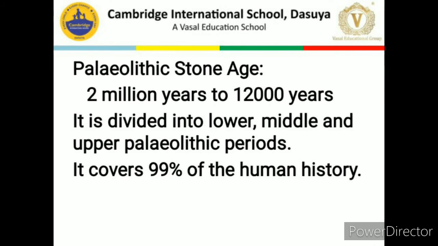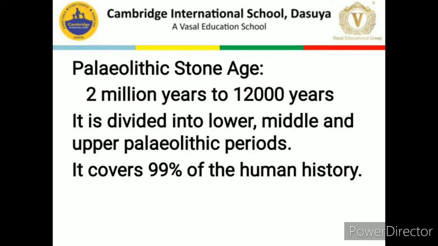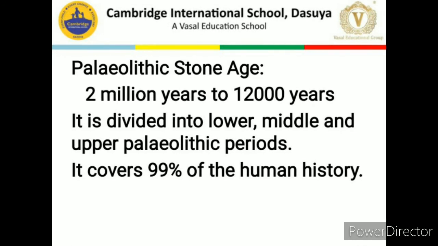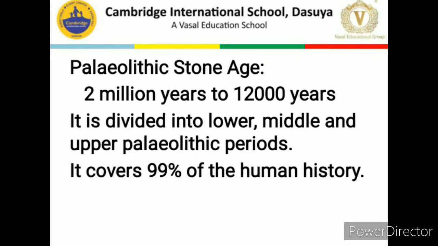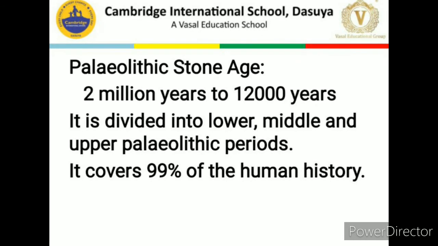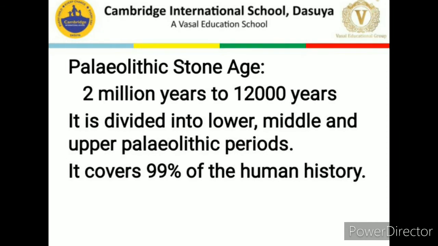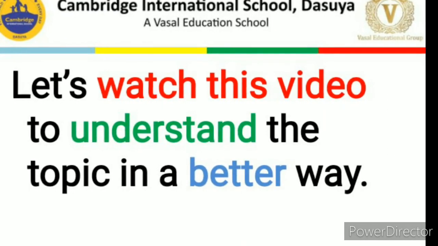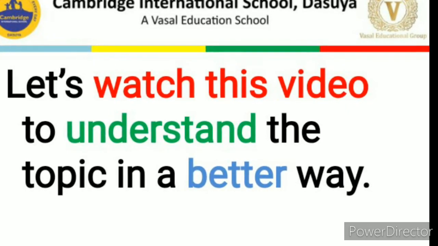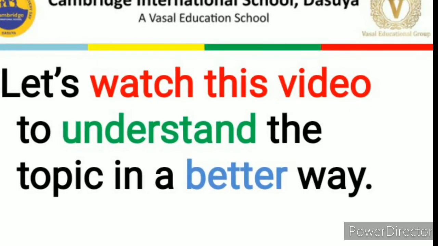It is divided into three different periods: lower, middle, and upper. It covers 99% of human history. Dear children, here is one video. I hope it will help you to understand this Paleolithic Stone Age. So let's watch this video.